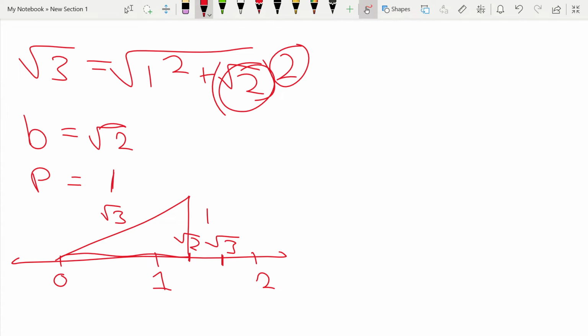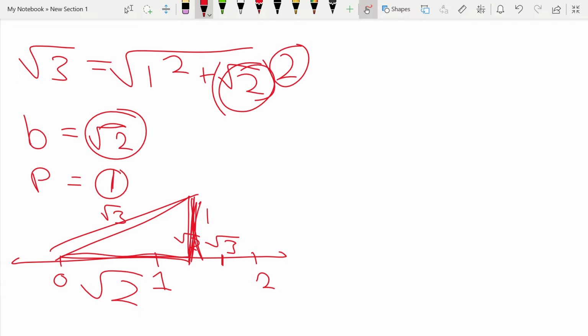So the base is going to be our under root 2, and our perpendicular line, our height, is going to be 1, and this is going to be under root 3. Then you can plot it over here by using a compass. So you open it this much, and then you can plot it on the line like that.